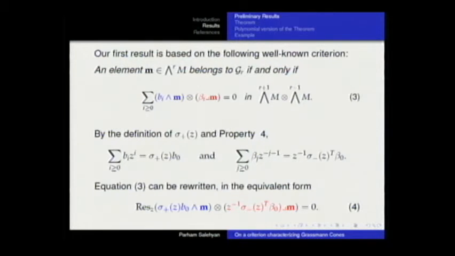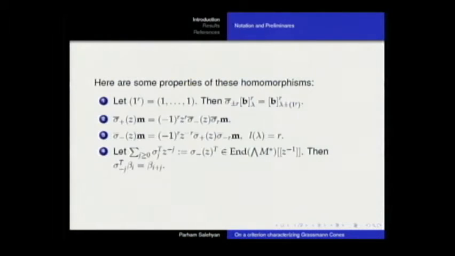Now, by the definition of sigma plus, we can write this sum in the following way. And of course, in this way, it is in fact the last property that you have seen before here.